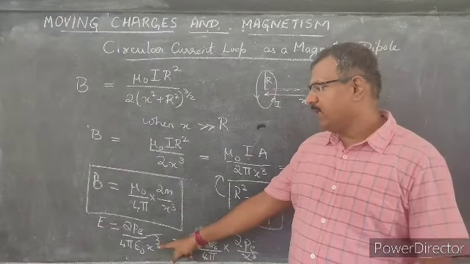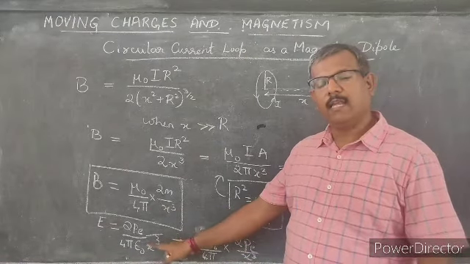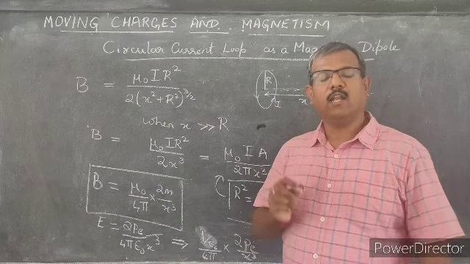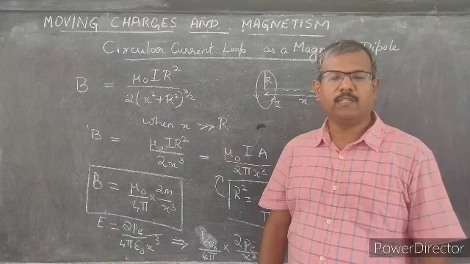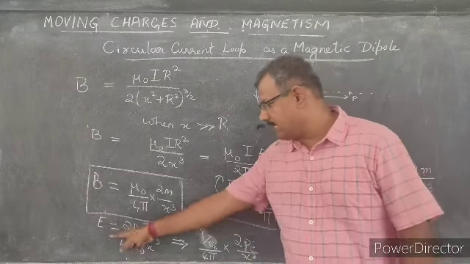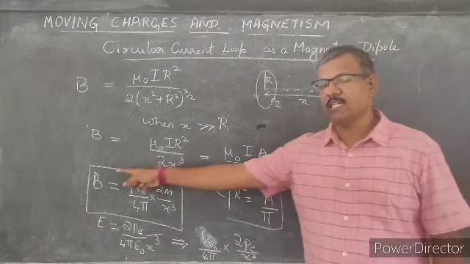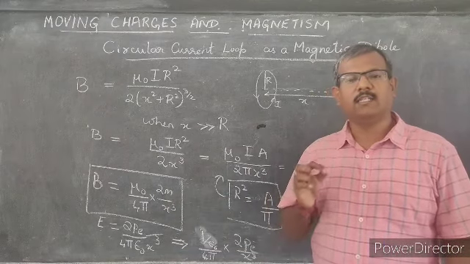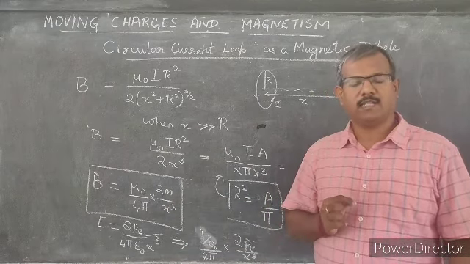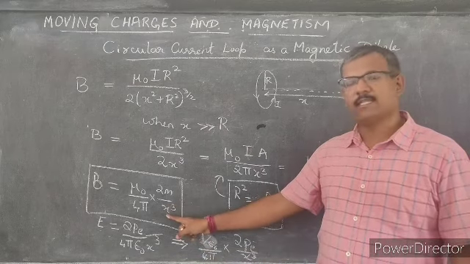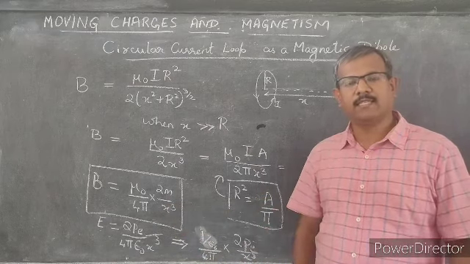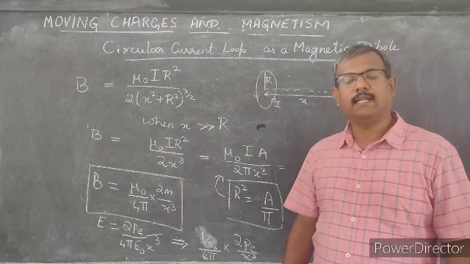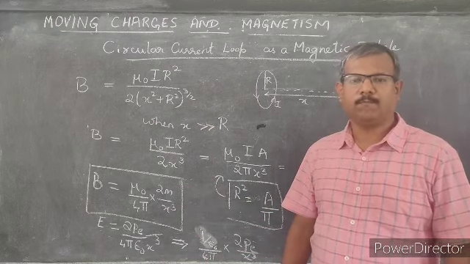One is the electric field at a distance x along the perpendicular bisector of the electric dipole, which is this expression, and the expression that we just derived is the magnetic field strength at a distance x along the axis of a circular loop with magnetic dipole moment m.